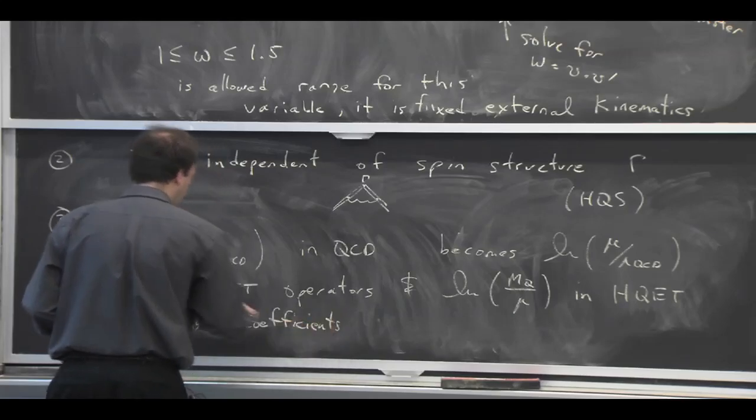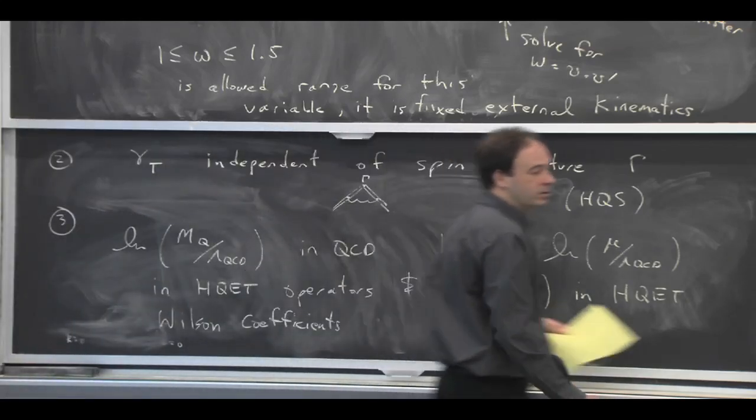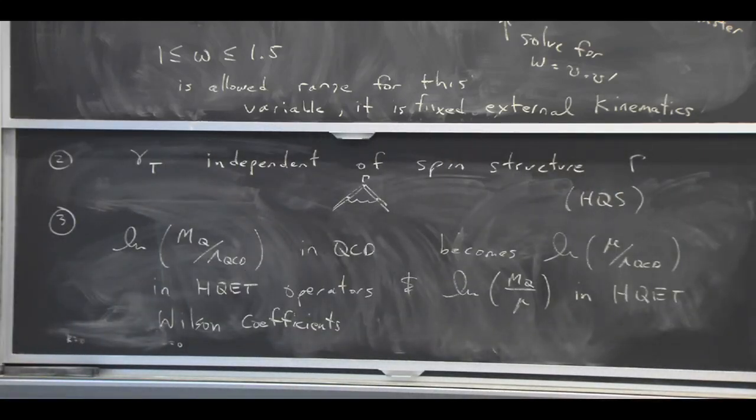So just exactly the same as how we talked about it for integrating out a heavy particle, the logs get split up into pieces in the Wilson coefficient, and pieces in the matrix elements, operators. Here we're separating m_Q, the heavy quark mass, and it's both the charm and the bottom in the case that we're talking about.